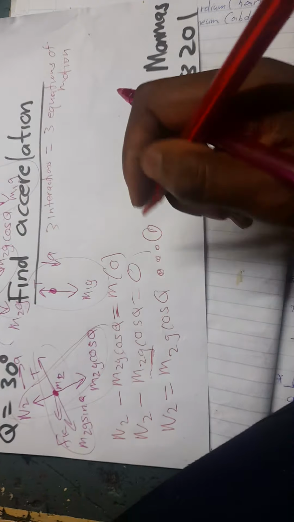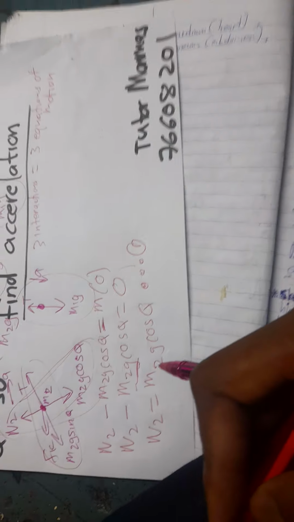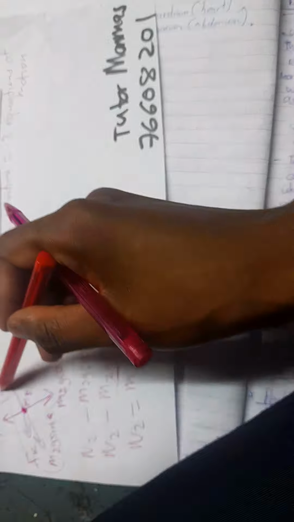After here, let us formulate equation number 2 according to that interaction. Mind you, T is greater than all this, that's why our system is moving in this direction. So it means that our T, even if you remove m2g sin theta, we also remove our fk, in mass 2 there shall be acceleration.